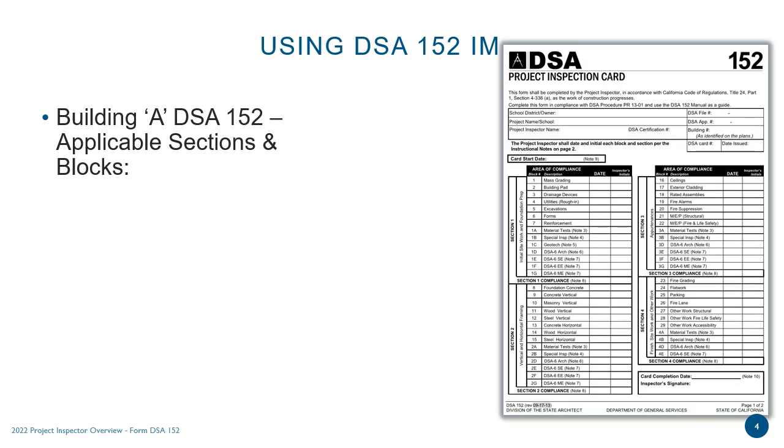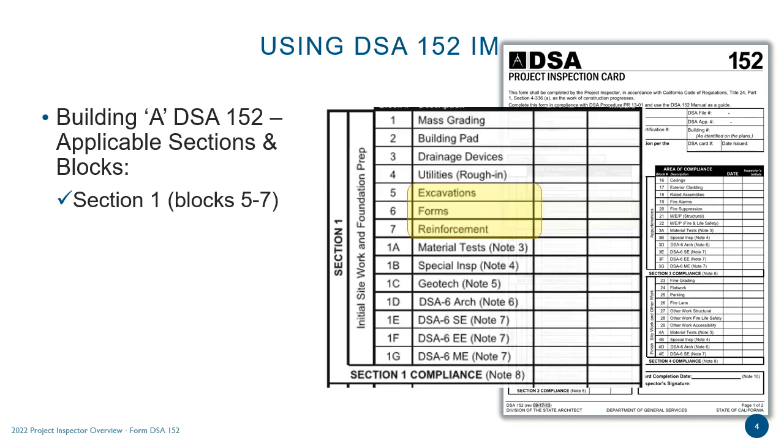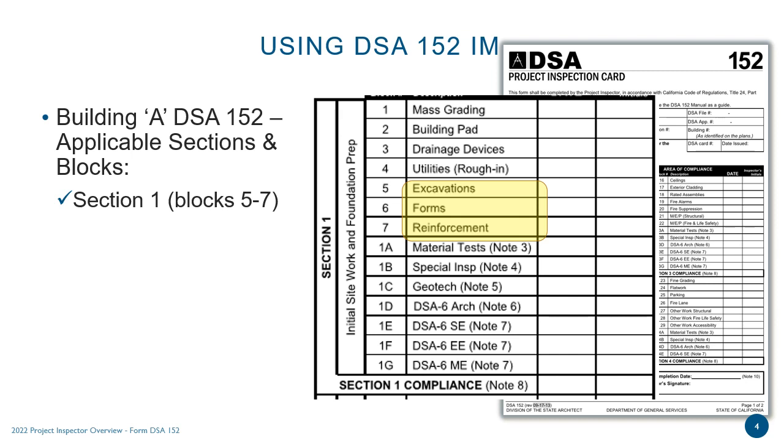So we'll take a look at what some of the building A DSA 152 applicable sections and blocks are for that building. That was the one that was having the alterations. So section 1 would have blocks 5 through 7. This is just a quick blow up of, and zooming in on, that part of the inspection card with the excavation, forms, and reinforcement.